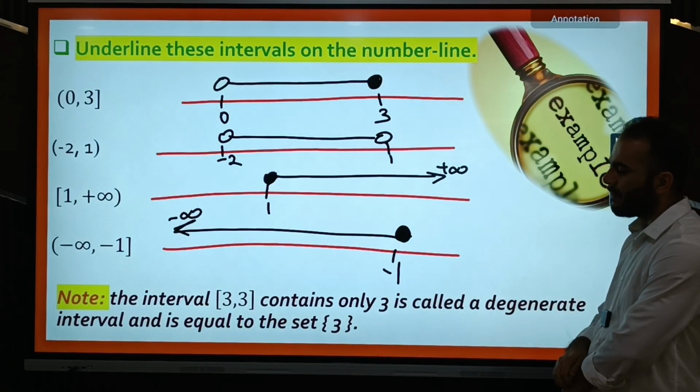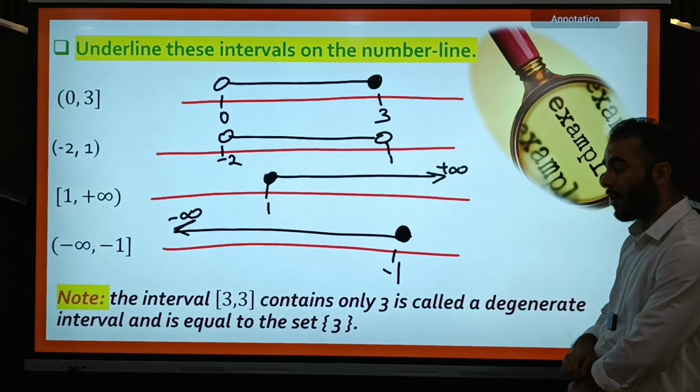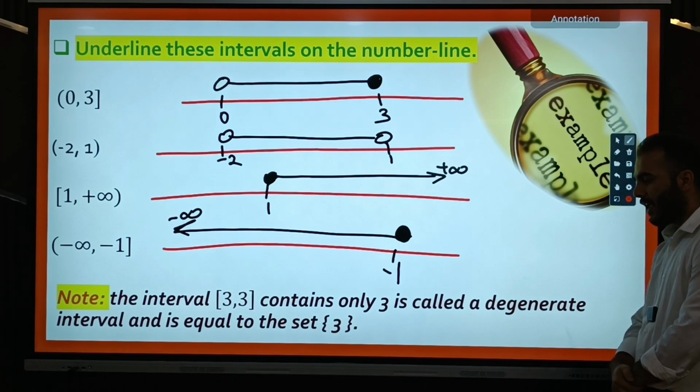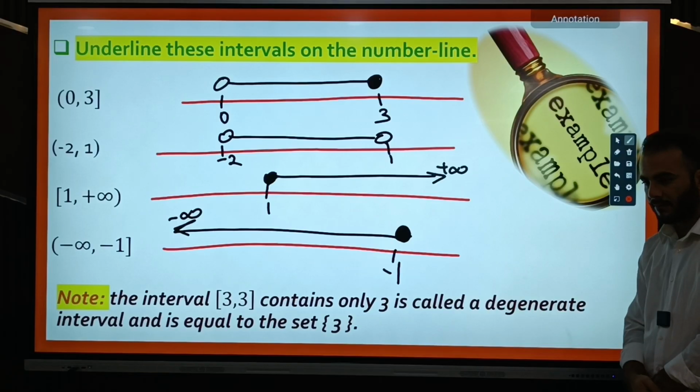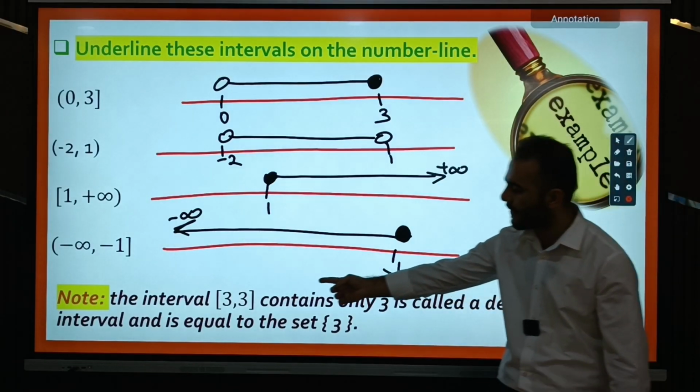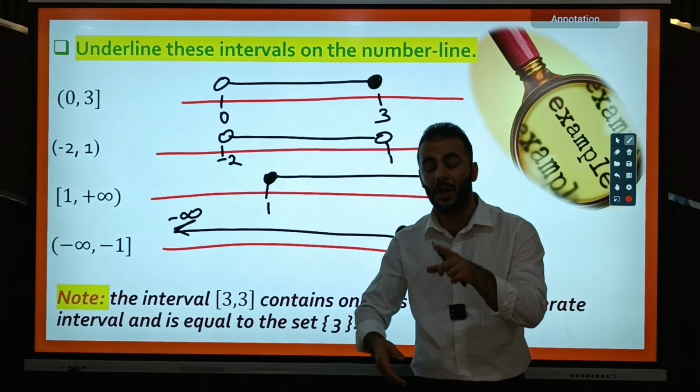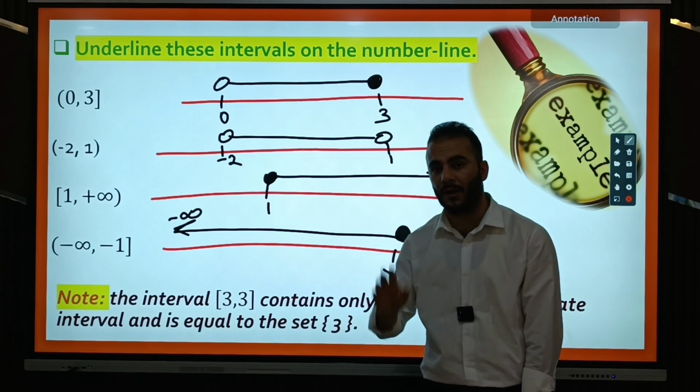Okay. We have got a simple note here. It says the closed interval of a number to itself contains only that number. It can be 4, it can be 5, it can be -1, it can be 3, any other number that you think.